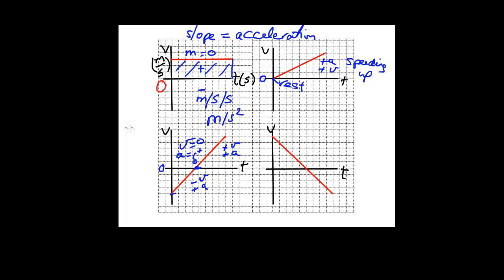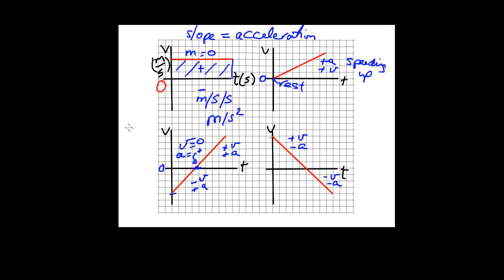What might be going on here? Well, it starts off going backwards very fast, slows to a halt, and then goes in the opposite direction with an increasing speed. So this is an example of an object that changed direction. Same thing's going on over here. We see positive velocity but negative acceleration. And down here we see negative velocity and negative acceleration.